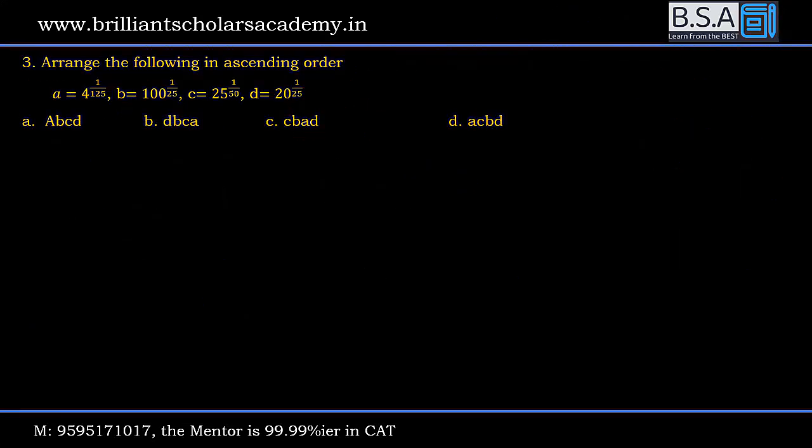So there are four numbers on the screen. Your job is to arrange them in the ascending order. Ascending order means increasing order. Values should be in the increasing order. Go on, try, take 2 minutes.